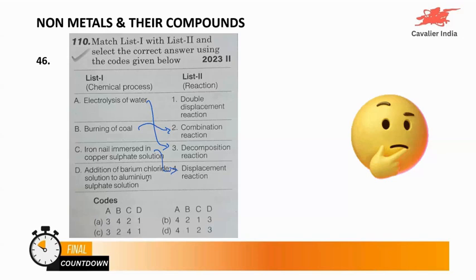Addition of barium chloride solution to aluminum sulfate is a double displacement reaction. Clear? So electrolysis of water is a decomposition reaction, burning of coal is a combination reaction, iron nail in copper sulfate solution is a displacement reaction, and barium chloride with aluminum sulfate is a double displacement reaction.